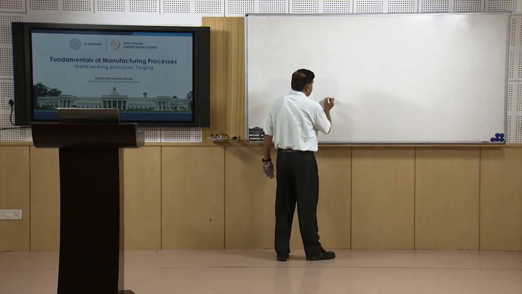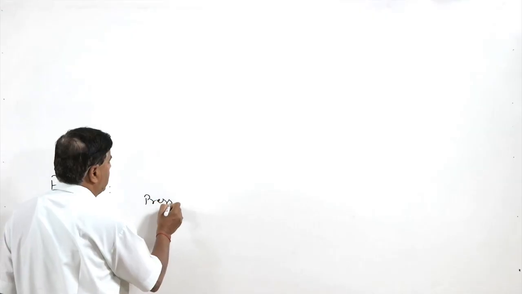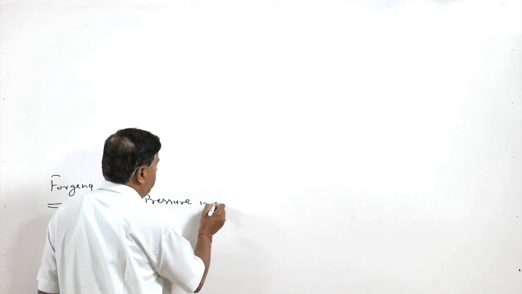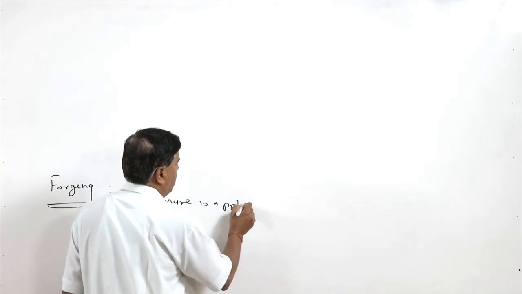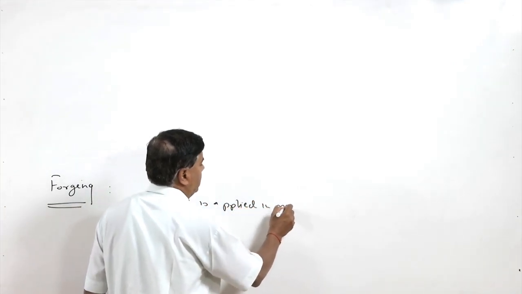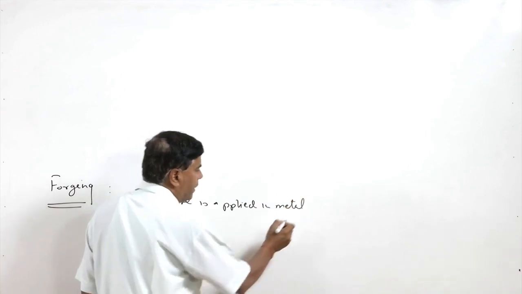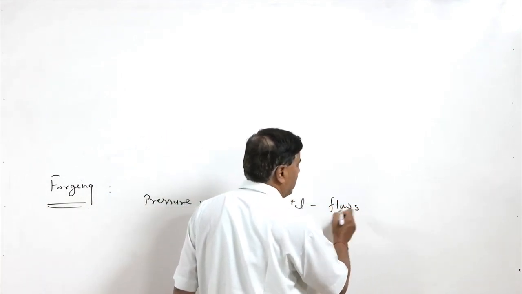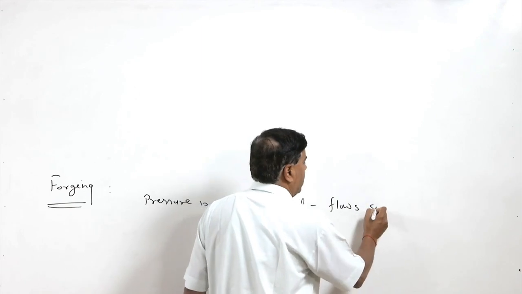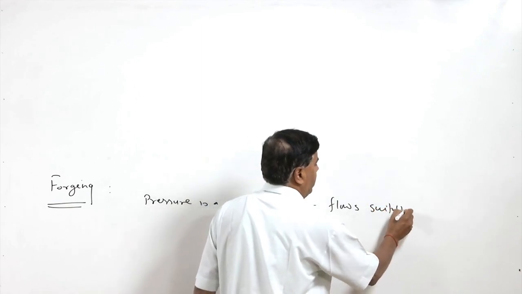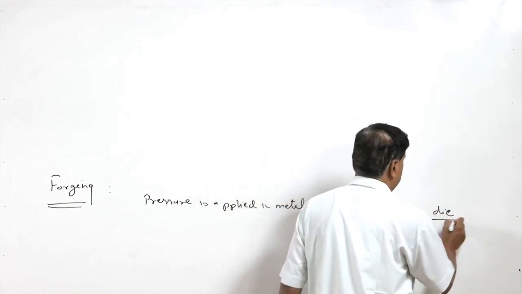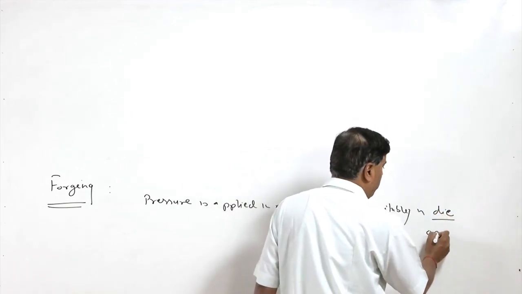So, basically in this process, pressure, which is mostly compressive force, is applied to the metal, so it flows or deforms plastically. The metal flows suitably either in a die or in open space.